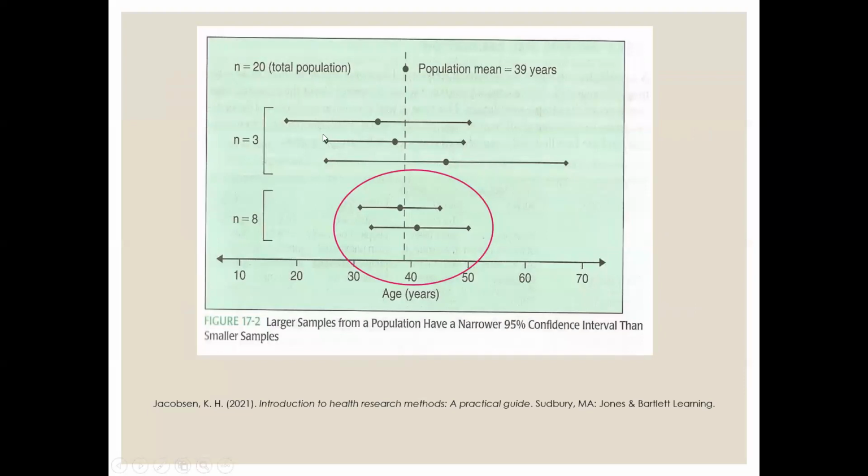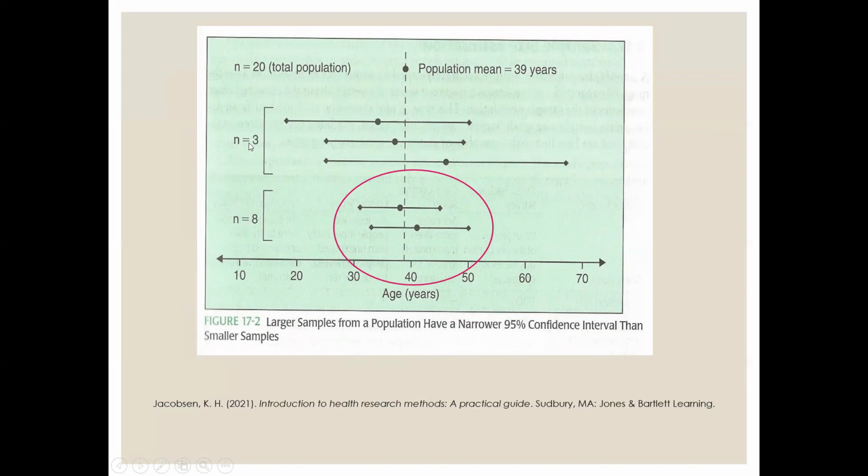And here's a visual example. We're looking at the total population, and the average age is 39 years. And when we have samples of 3 people, 3 from the 20, look at how the confidence intervals are spread all over the place, right? There's a wide width of interval.